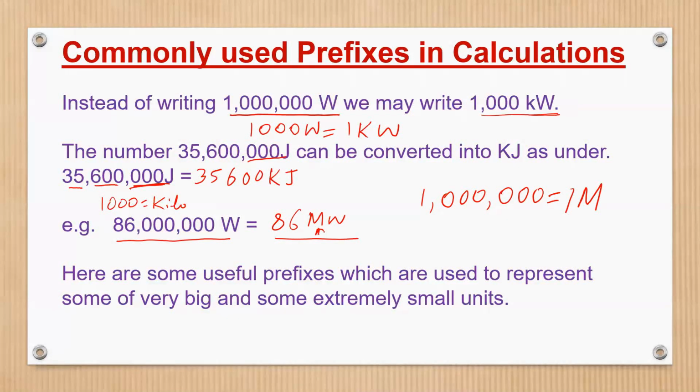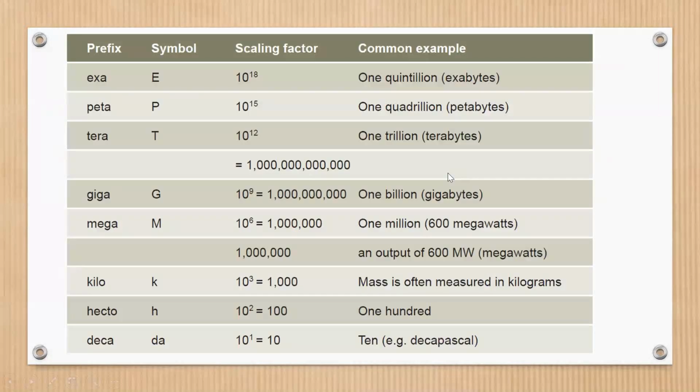Now we can see the application and use of some very big and some extremely small units and prefixes. For example, exa, the symbol is E, 10 to the power 18, that is 1 quintillion exabytes.